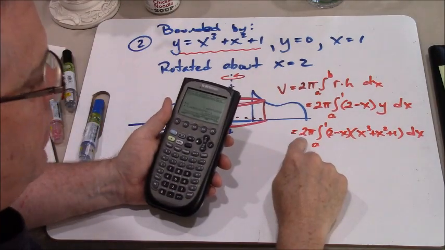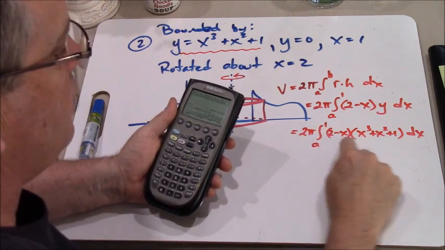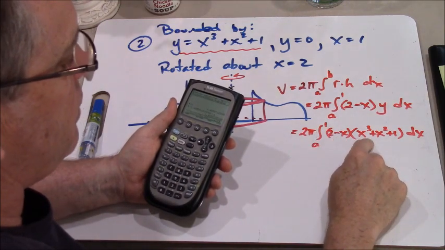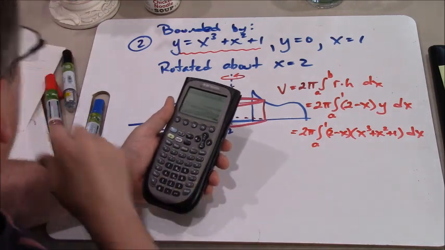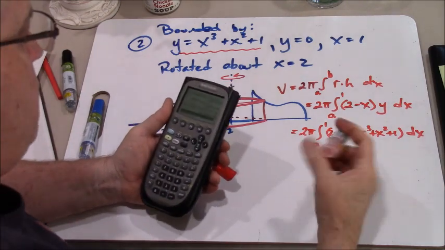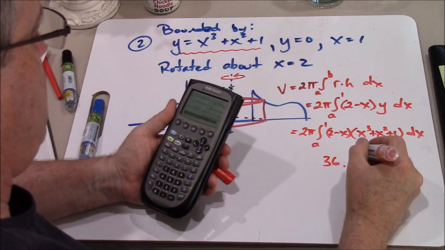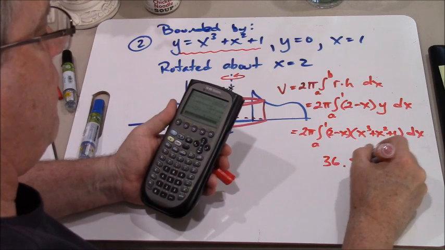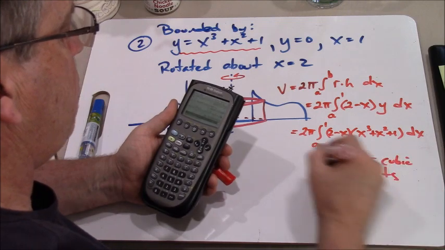All right, so I got that entered into my calculator. I got 2 pi times the integral from A to 1 of 2 minus x times this original expression with respect to x. And so the answer that I have is 36.535 cubic units.